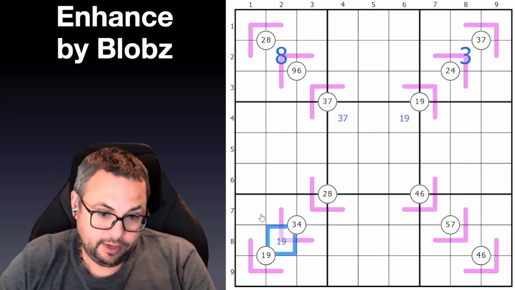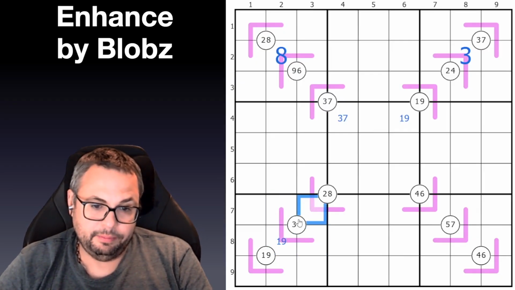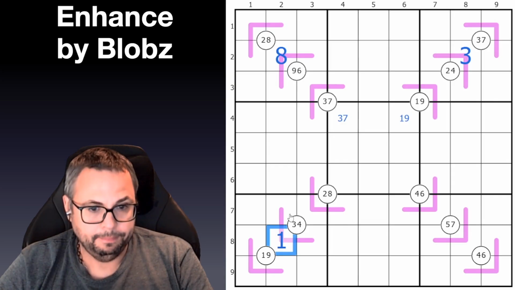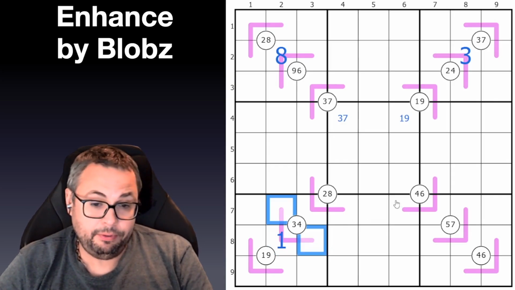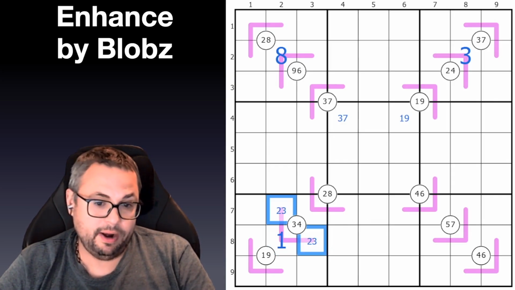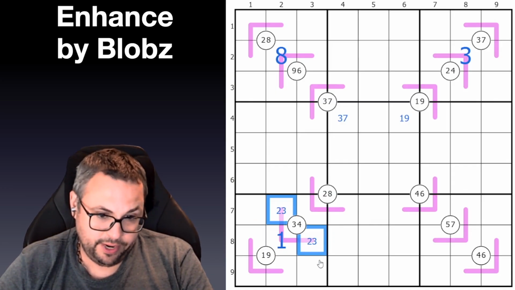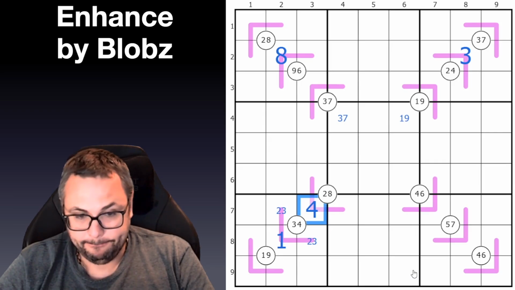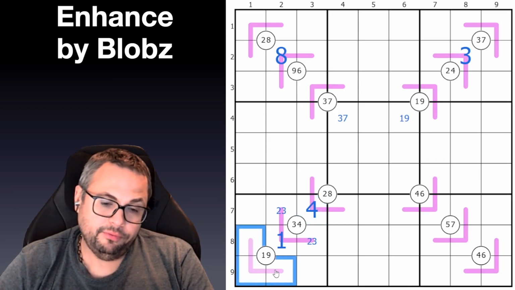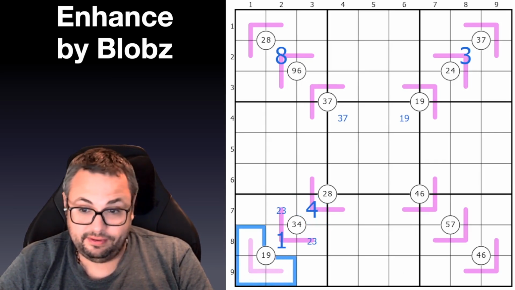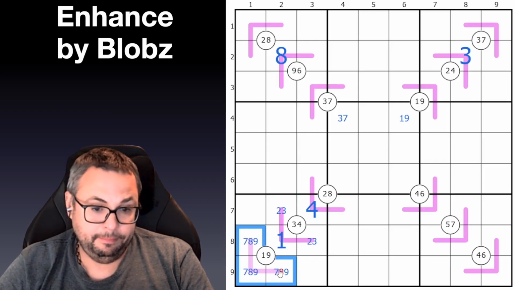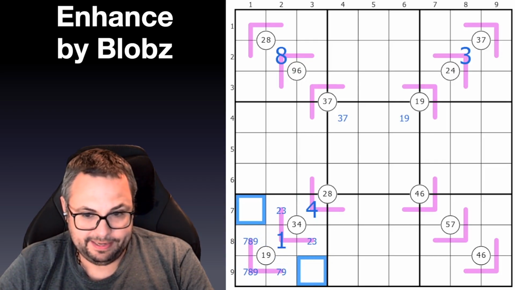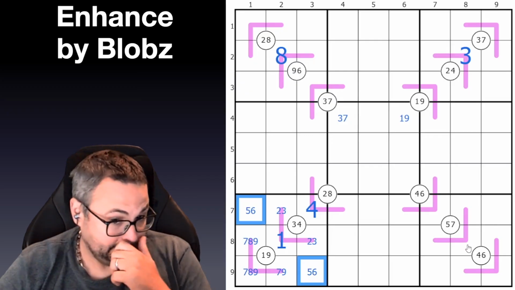It has to be a 1, because otherwise I need to put both 3 and 4 there. Okay, and in fact, actually, I can't put a 4 on this Renban with a 1. The only Renban I can make with a 1 is a 1, 2, 3, which actually makes that the 4. And I might as well fill in, because there's got to be a 9 on this. This is actually a 7, 8, 9 Renban, which actually means these digits are 5 and 6.